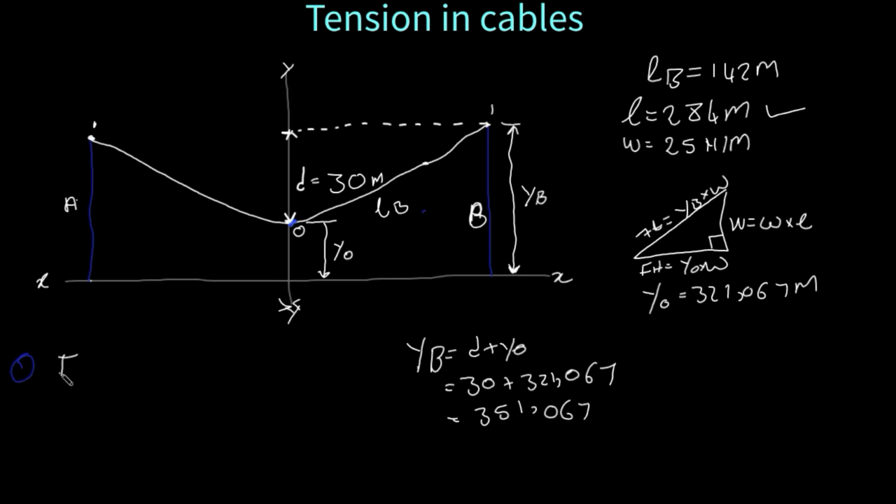Our FT is given by yb, which is 351.067 times 25, and that will give us an answer of 8777 kilonewtons.